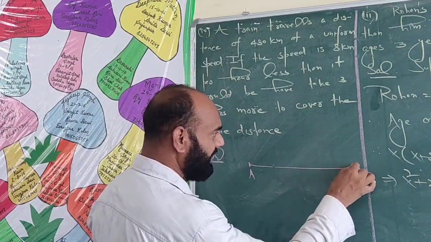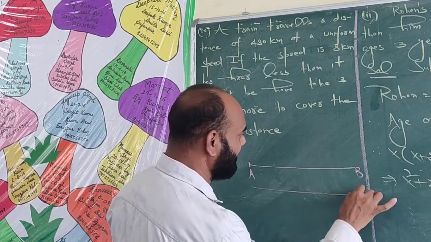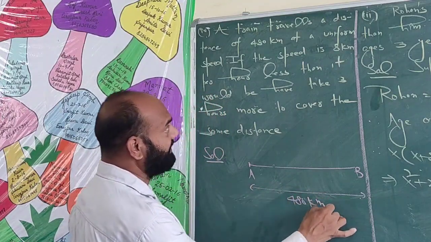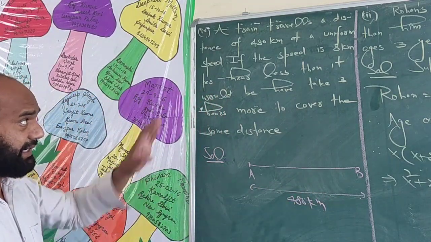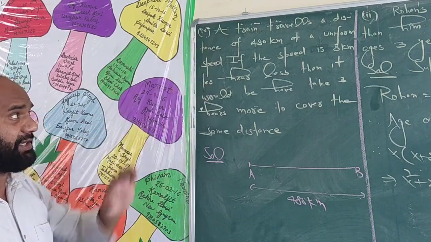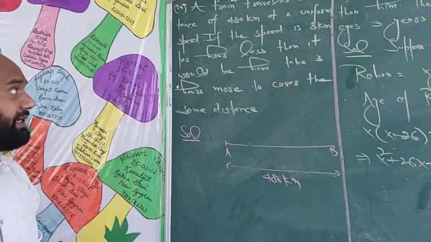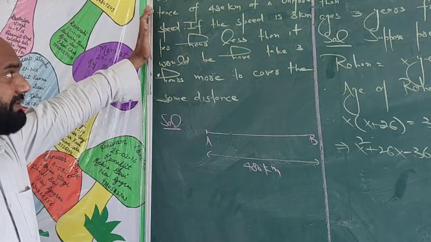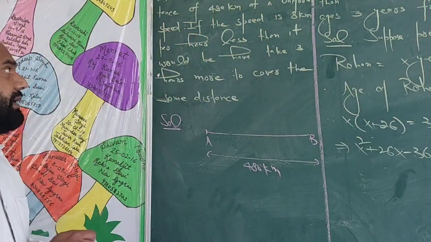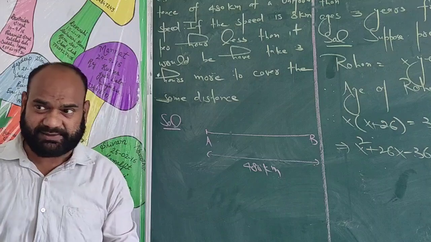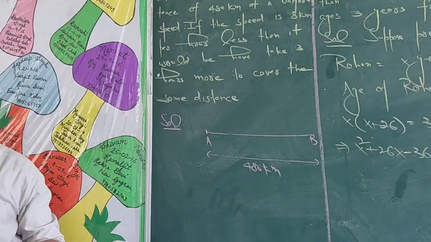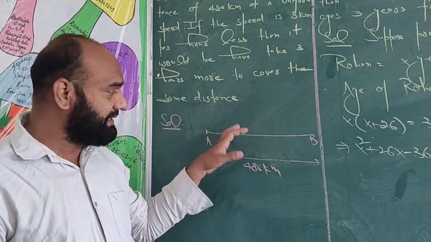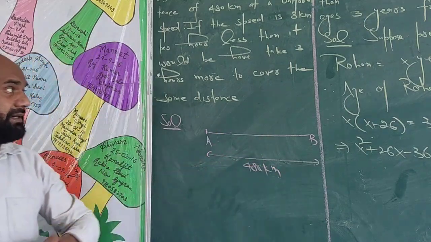Suppose A and B are two points and the distance between A and B is 480 km. The train is running at a uniform speed. If the speed is 8 km per hour less than its original speed, then it is compulsory that it takes more time, that is, 3 hours more.